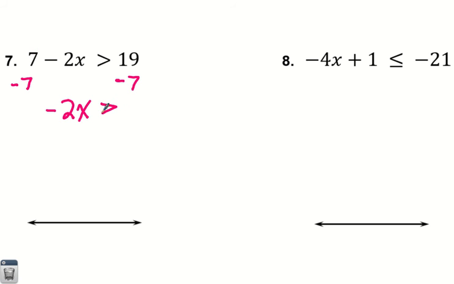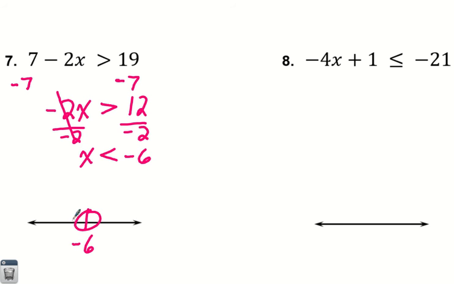This remains a greater than, and this is 12. And now, of course, we have to divide both sides by negative 2, which flips this to a less than, and x is less than negative 6. Beautiful.